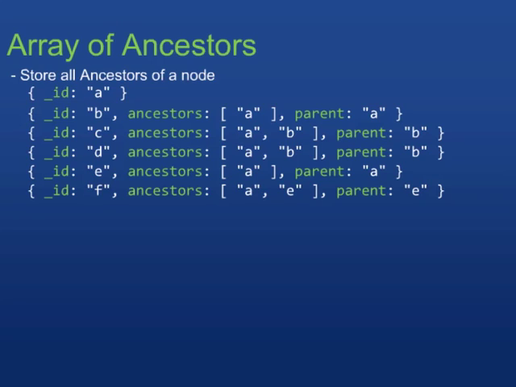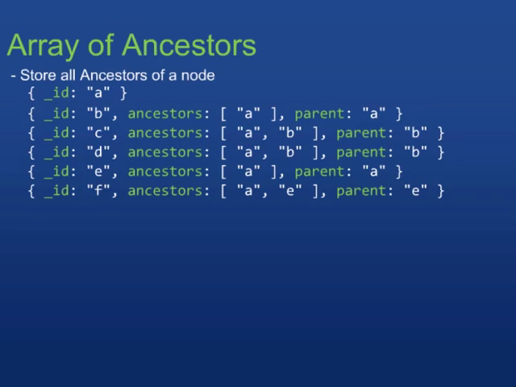Each document here is a node in my tree, and my ancestors is basically an array, and it's the path from myself back up to the root of the tree, right? Parent refers to the node immediately above me in the tree.